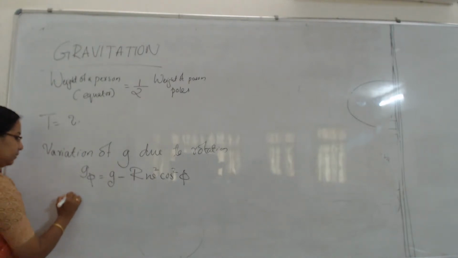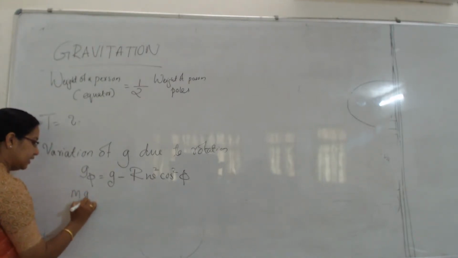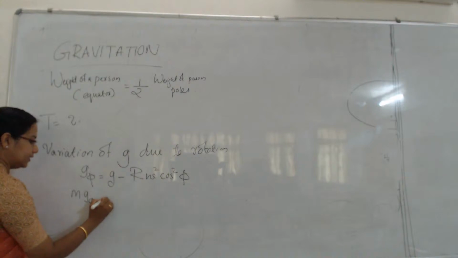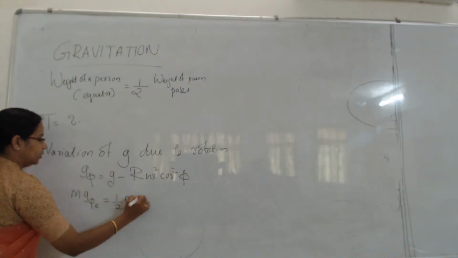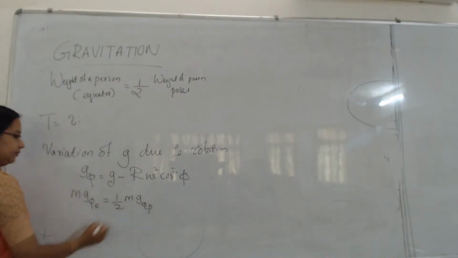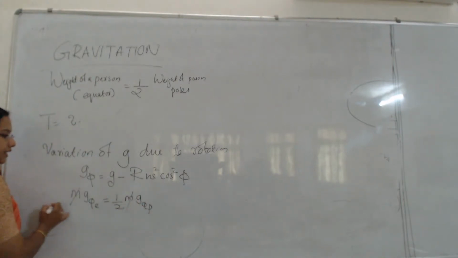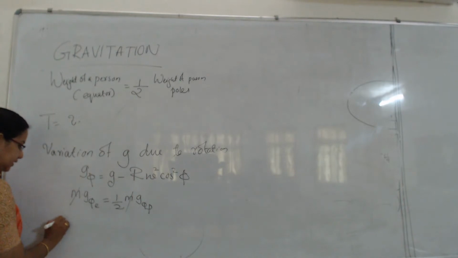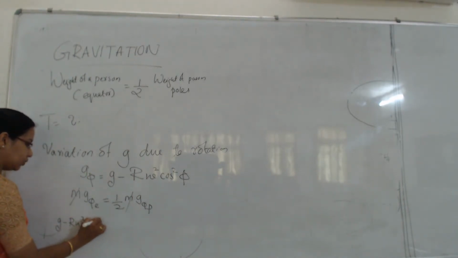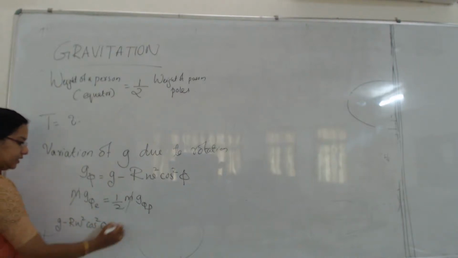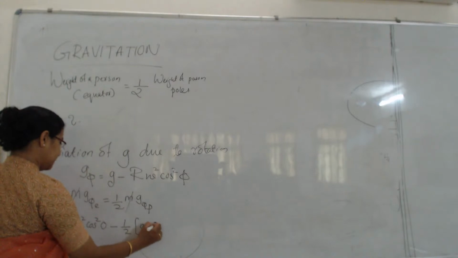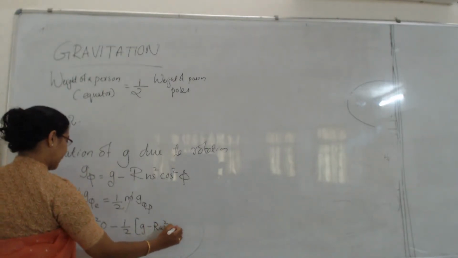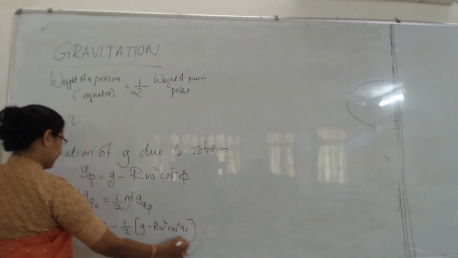So the weight of the person, the weight is m g phi at equator is equal to half of m g phi at poles. m cancels. g phi we can write as g minus R omega square cos square 0 equals half of g minus R omega square cos square 90.